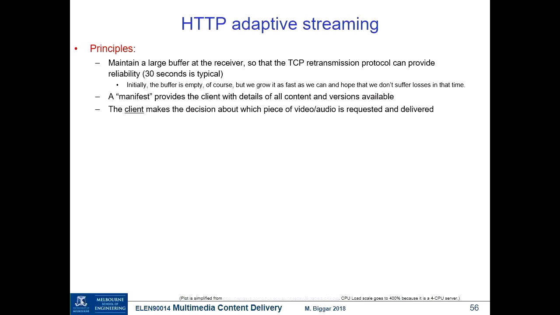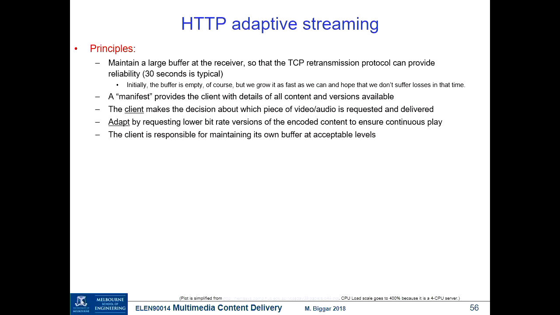So the client makes the decision about which piece of video or audio is requested and delivered, and the video and audio can indeed be selected independently, as we'll see in an example in a minute. And the client is the one that adapts by requesting lower bitrate versions as necessary to ensure that there's continuous play.